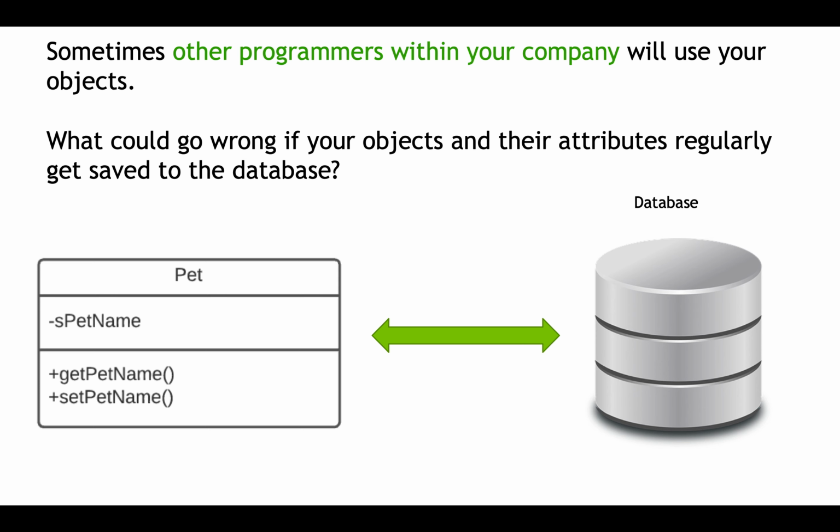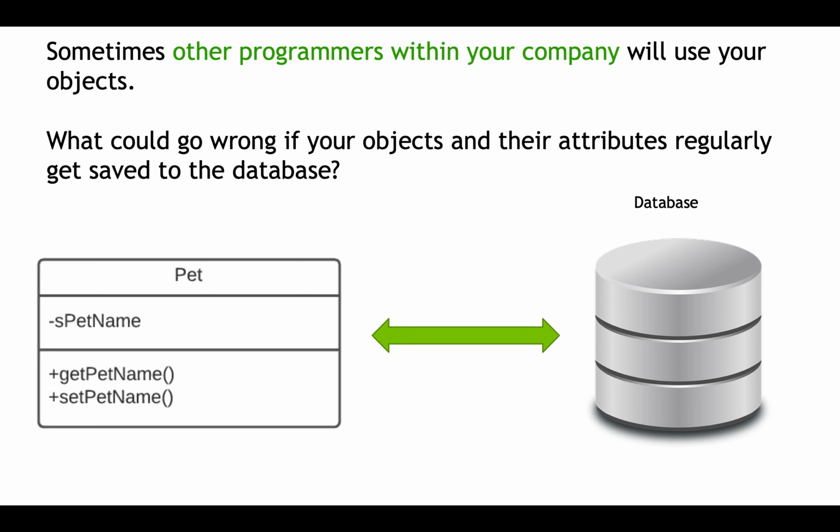Oftentimes when you're working with objects in software, they're going back and forth regularly from the software code where they're an object to a database where all the attributes are either written to or updated to a row in the database. And if there's lots of different programmers that use your object or your class, and your class makes it easy to make mistakes and do things like make a pet name empty, well, that would essentially corrupt the data that's in the database, and we don't want that to happen.